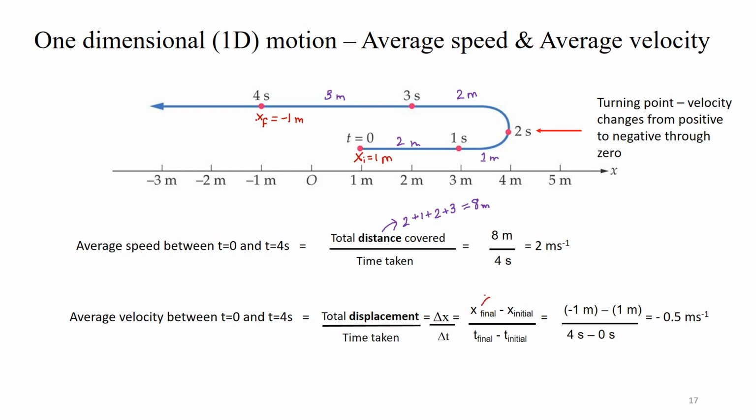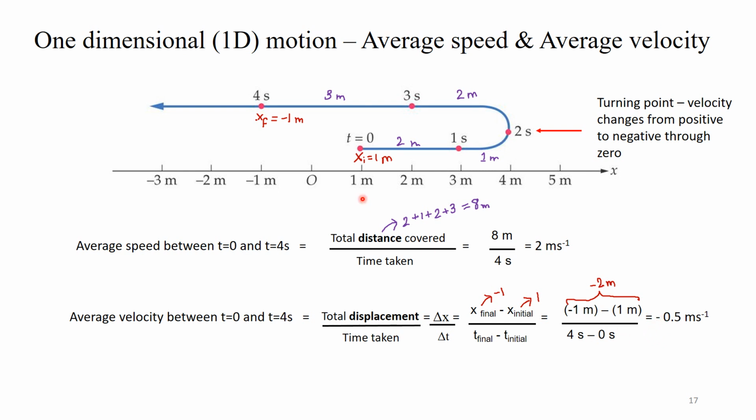So that's what we plug into the equation here for delta x. For x final, plug in a negative 1, and for x initial, plug in positive 1. So you're subtracting negative 1 minus 1, and you get a total of negative 2. So in the numerator, you get negative 2 meters as your displacement.